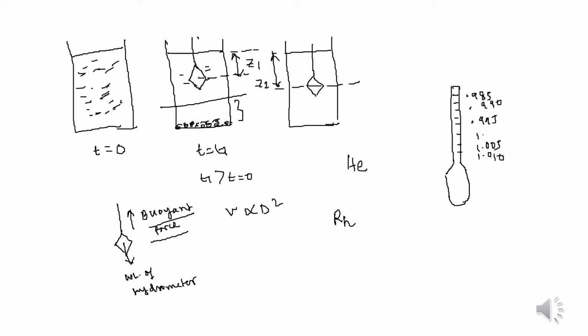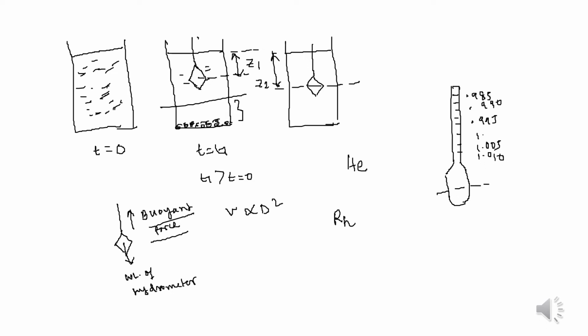What we do is we notice the hydrometer reading giving the specific gravity of the soil suspension at the center of the bulb. Suppose it is 1.010.